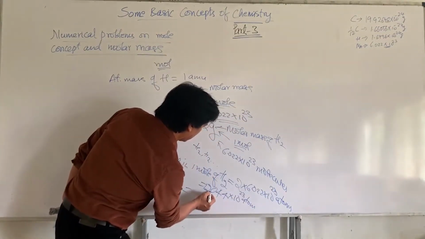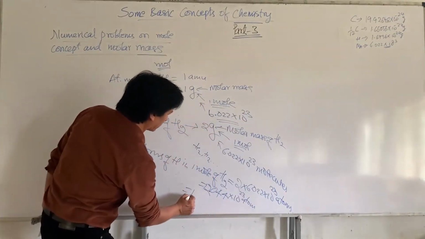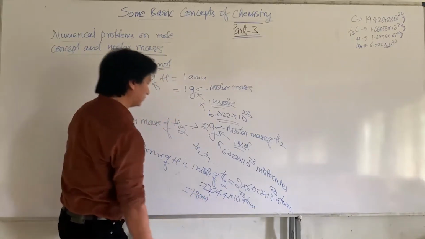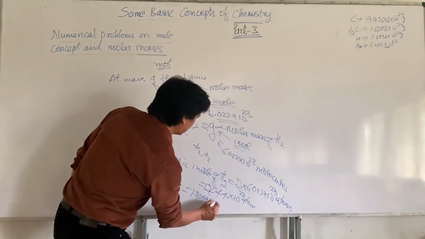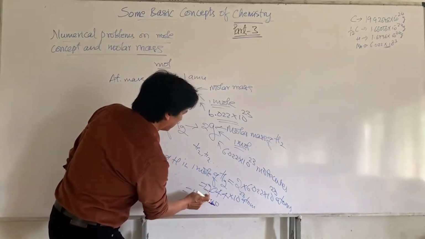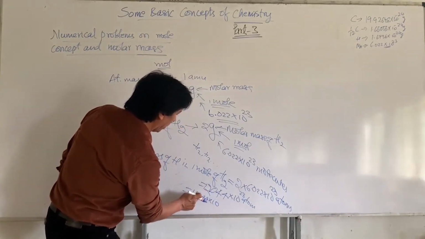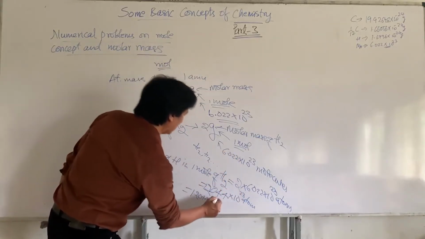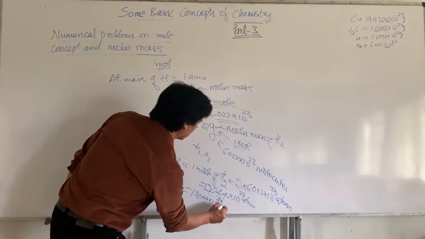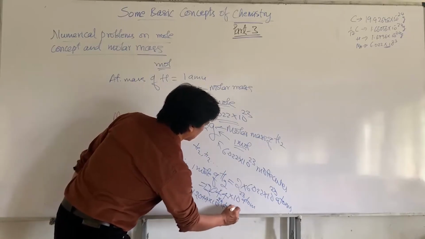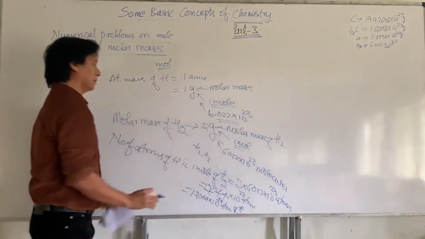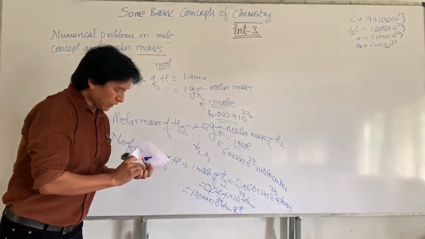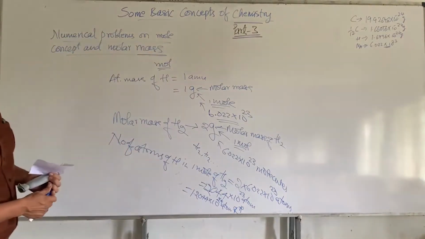And when you write this in scientific notation, it becomes 1.2044 into 10 raised to the power... Since you've shifted the decimal point to the left by 1, you'll have increased this exponent by 1. It becomes 24 atoms of hydrogen, right? That's it. So this is just a basic explanation of these things.